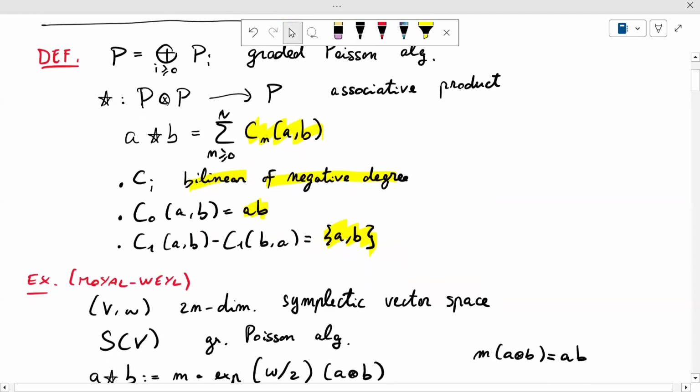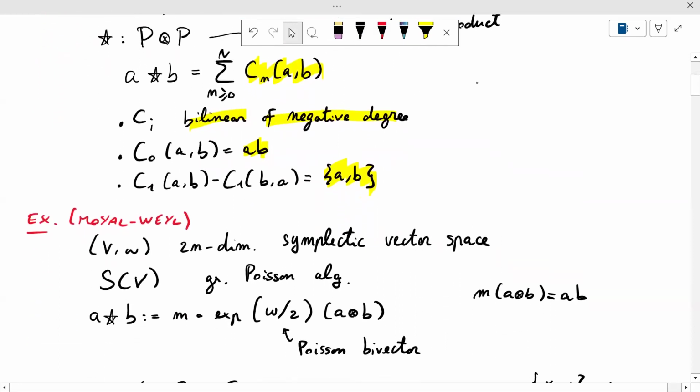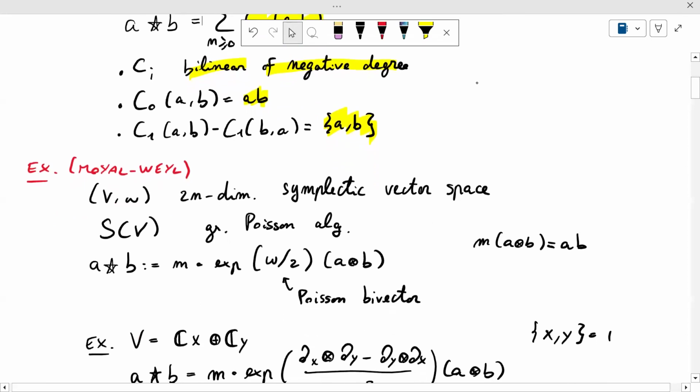Let's see a couple of examples of famous star products. The first one is the Moyal-Weyl star product. It's actually the first star product that was studied in depth. This comes from physics.